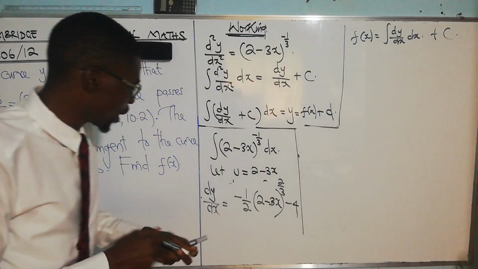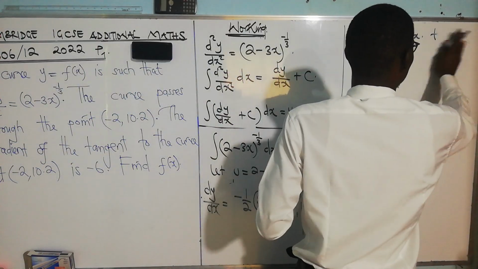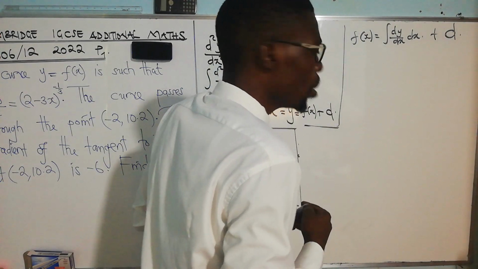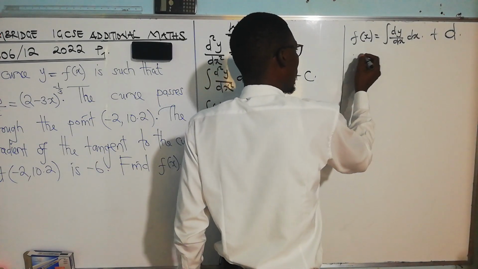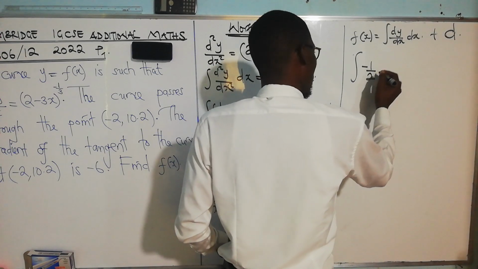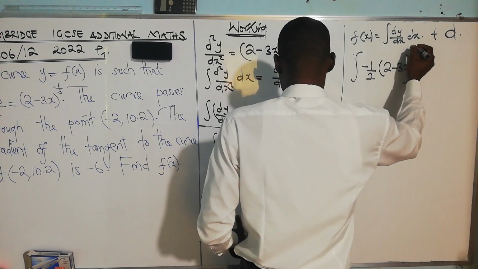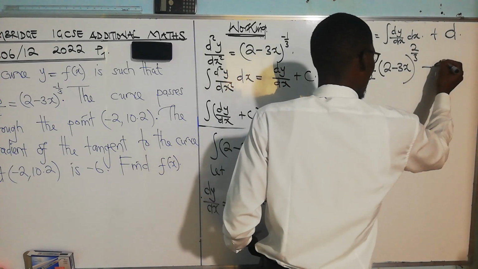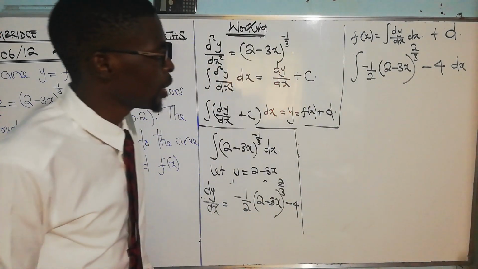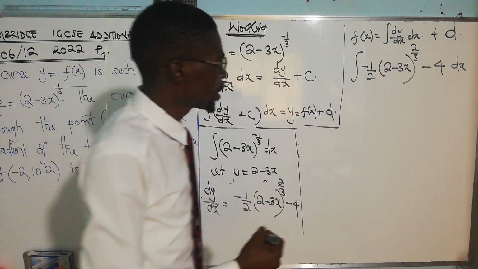Since we have used the c there, let us use d for the constant of integration for this one. So we are saying the integral of negative 1/2 times (2 minus 3x) to the power 2/3 minus 4 with respect to x, then plus d. That would be our f of x. So let us integrate this one, then we'll solve for d, then that will be our function.